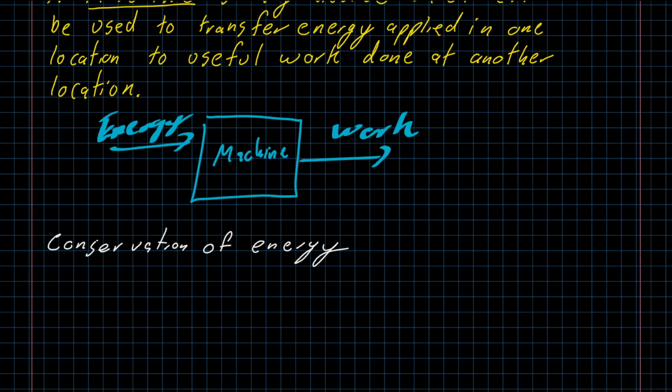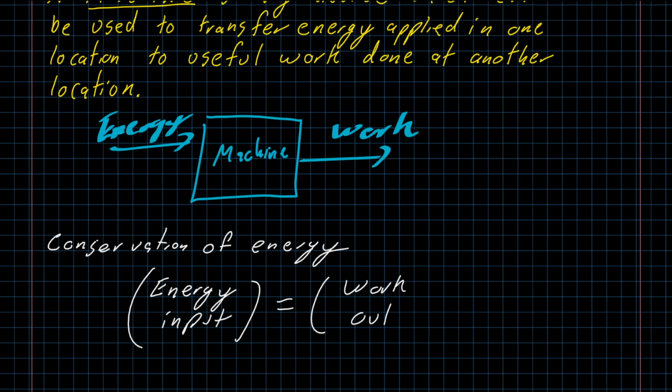In the ideal world, the energy input into the machine should be equal to the work output by the machine. Of course, in the real world, things are never that convenient.